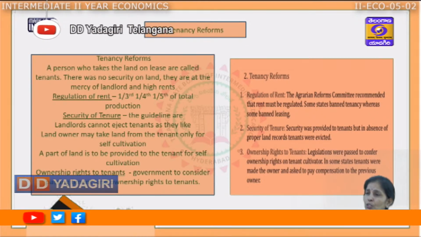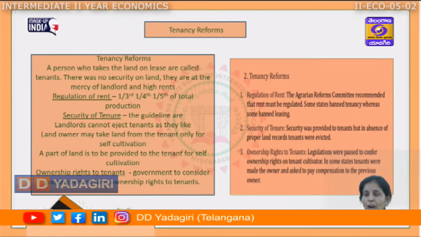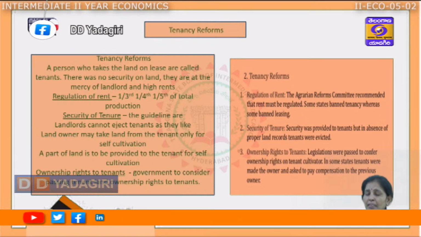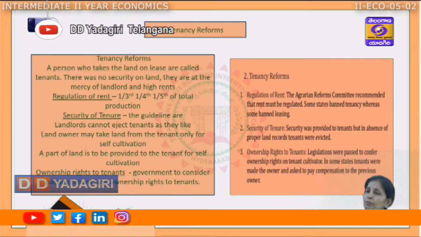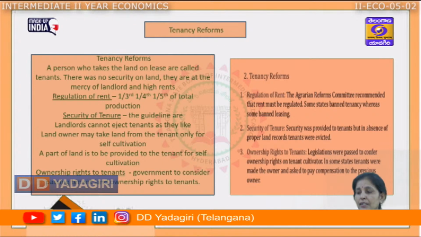That is regulation of rent, they have regularized it and made it uniform. Security of tenure, that is, all guidelines have been fixed between the landlord and the tenant. They enter into an agreement, and in that agreement, as long as the tenant is paying the rent on time, the landlord has no right to take away the land within the agreement period. And providing the ownership rights. This comes under tenancy.